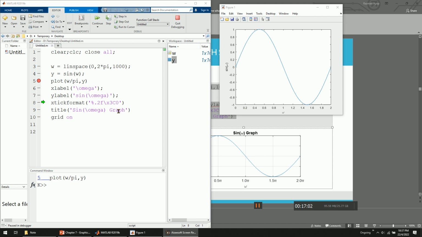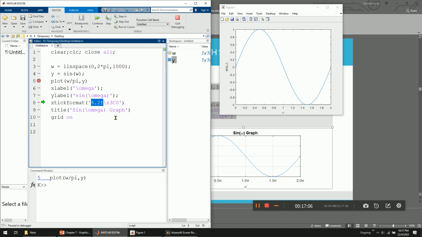Don't forget the percent sign. Then backslash x3c, which, if not mistaken, is pi. So let me check. You can see here, it takes 2 decimal points and it adds pi. That is how you change the format for the X tick.